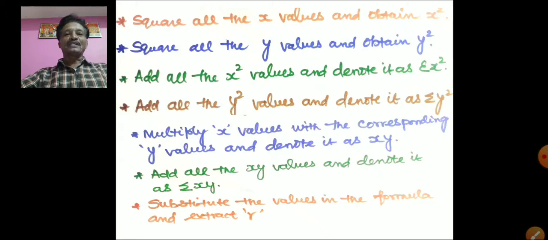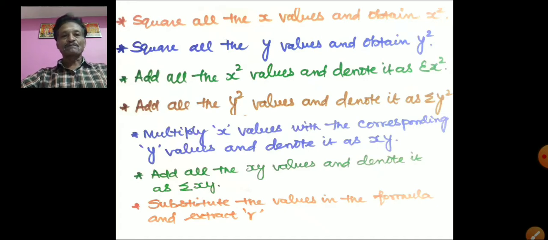After taking the product, you take the total of all the small xy values and denote it by sigma small xy, right? Then after calculating all these values, we can substitute the values in the formula and extract our value.